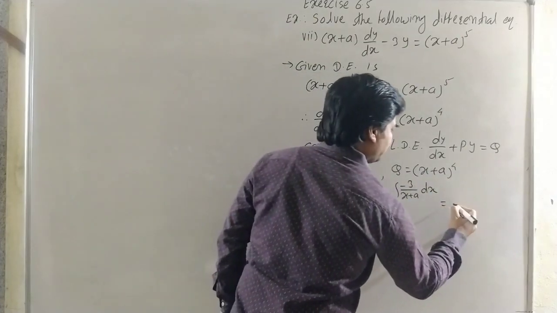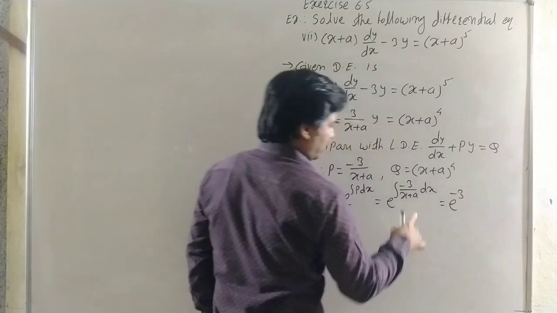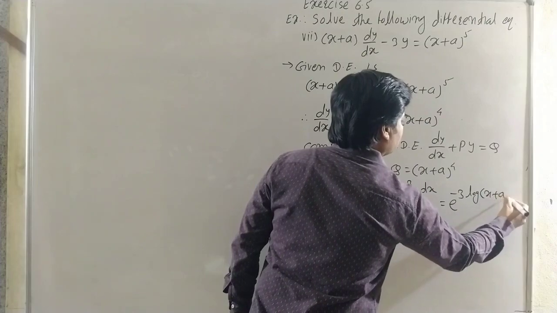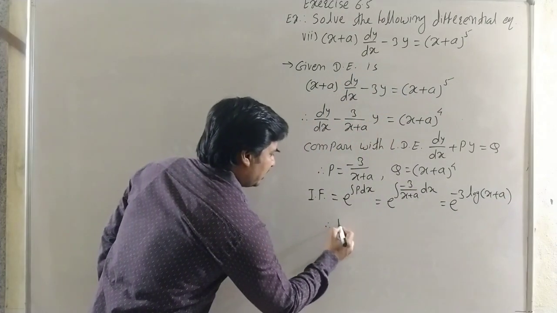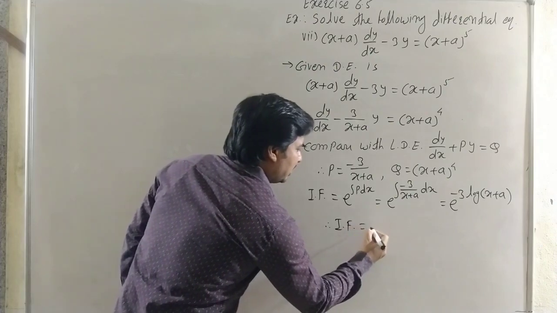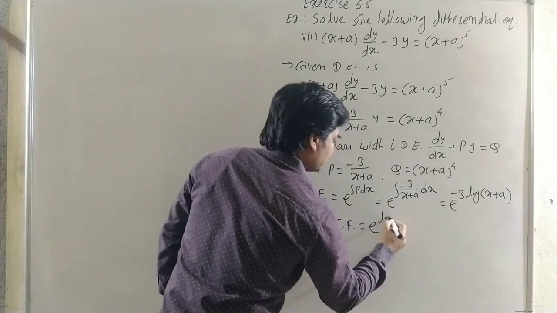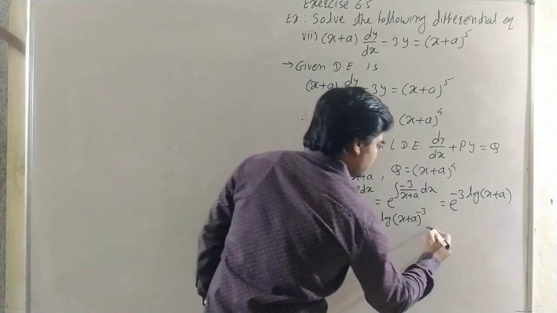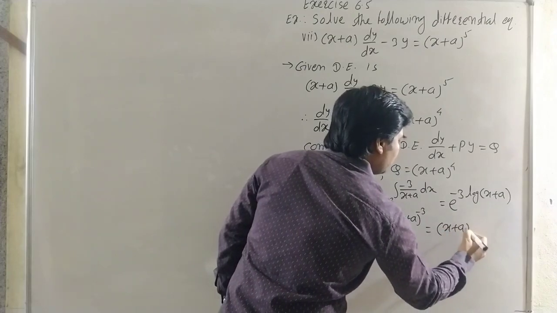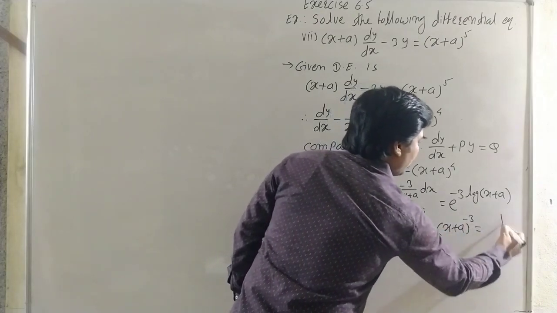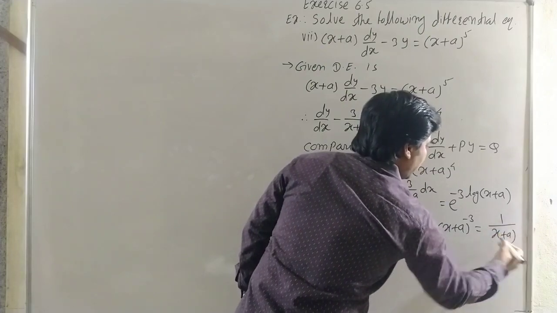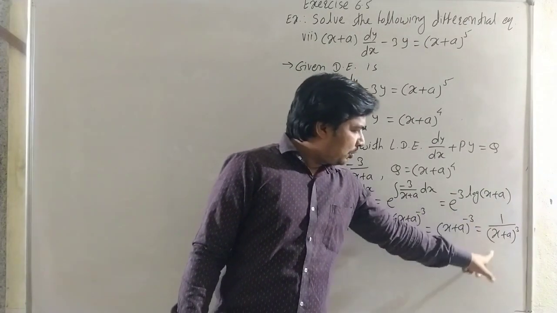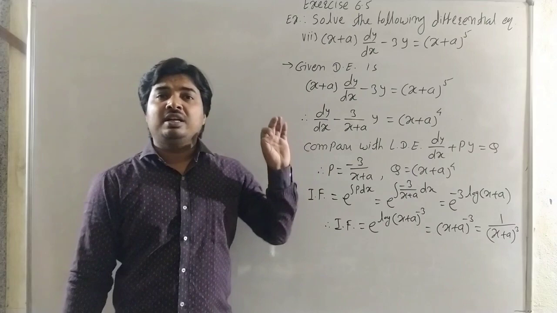Minus 3 is a constant, and the integral of 1/(x + a) is log(x + a). Therefore the integrating factor is e^(log(x + a)^(-3)), that means (x + a)^(-3), which is 1/(x + a)^3. It is the integrating factor.